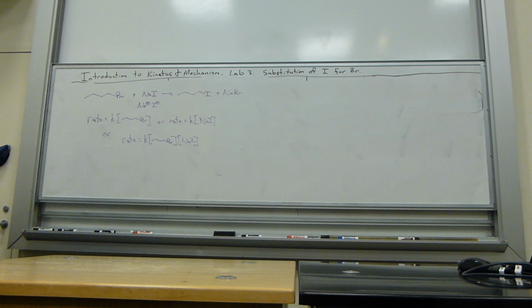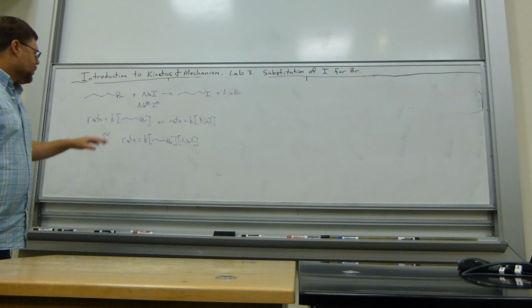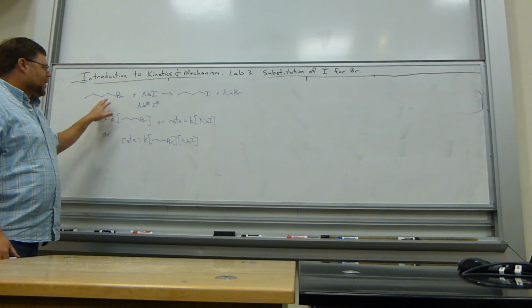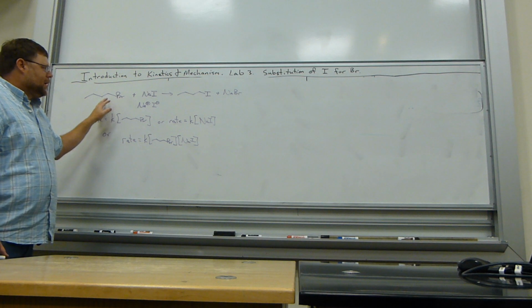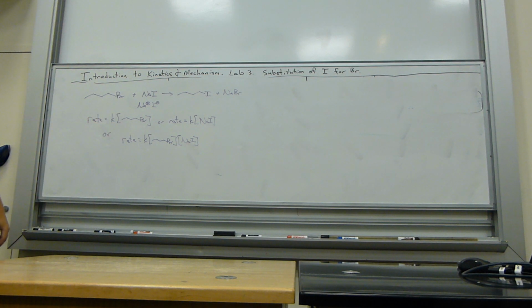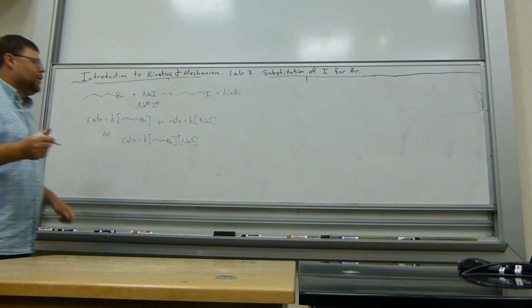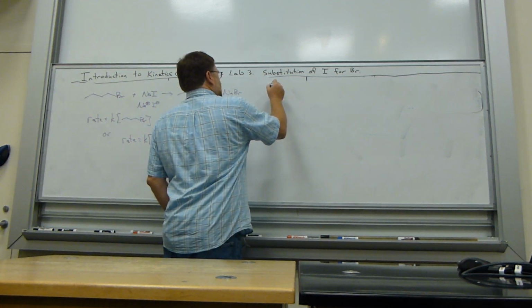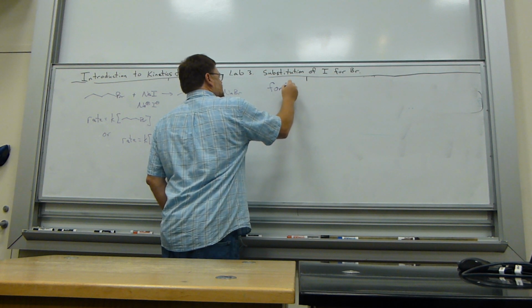And you're going to measure this. You're going to use NMR to figure this out. So we're going to do this reaction at different concentrations of the two reagents, and then look at how the reaction rate changes.